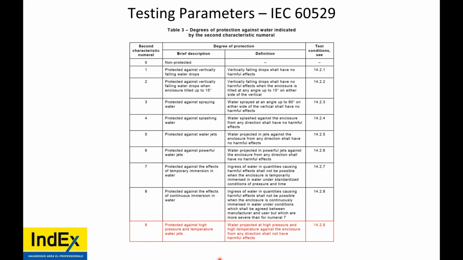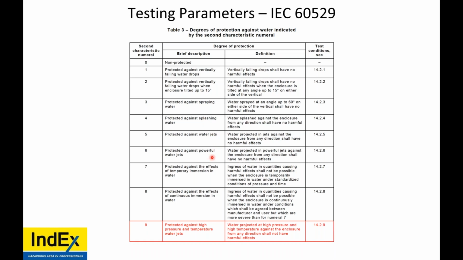Now, testing parameters. Table 3 within the standard gives the brief description and the definition of what each test is. Now, 1 and 2 are dripping water. 3 and 4 are spraying water, more like raining, that oscillating, turning metal tube that sprays out of it.